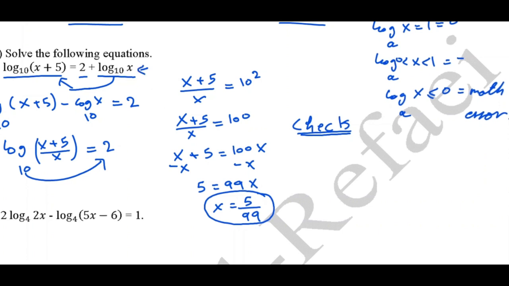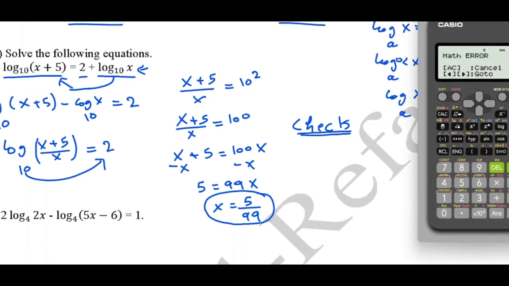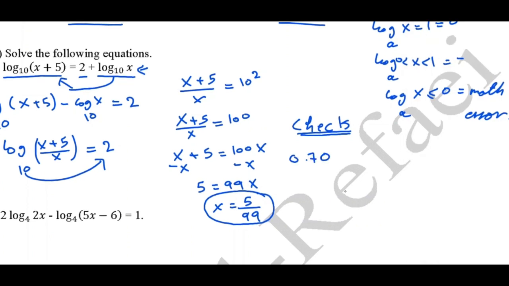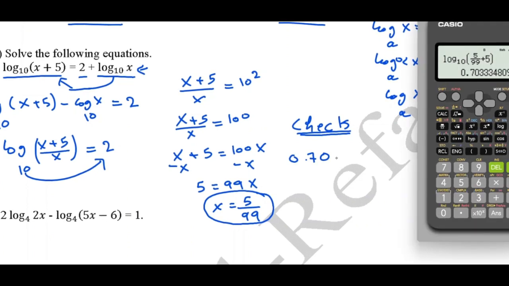Let's check. 5 over 99 plus 5 equals 0.703 to three significant figures.